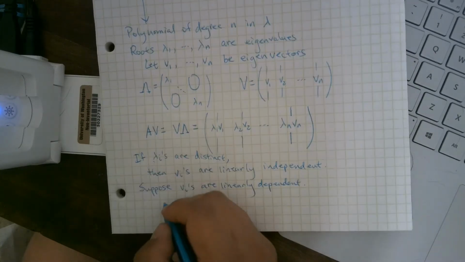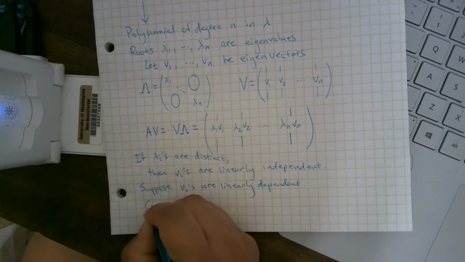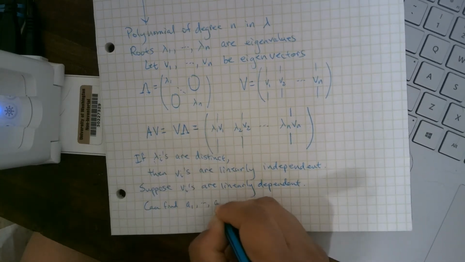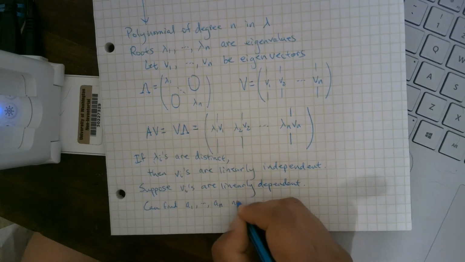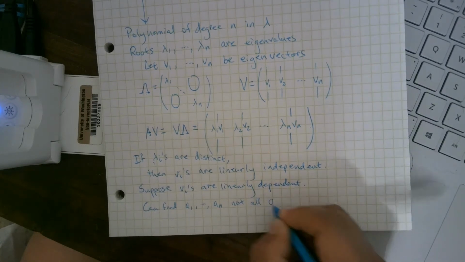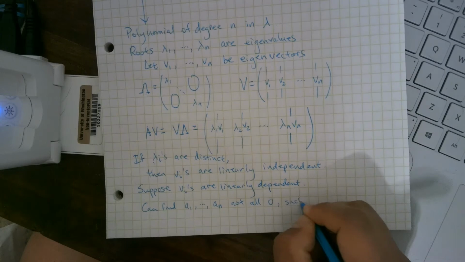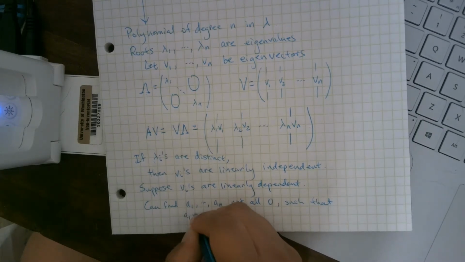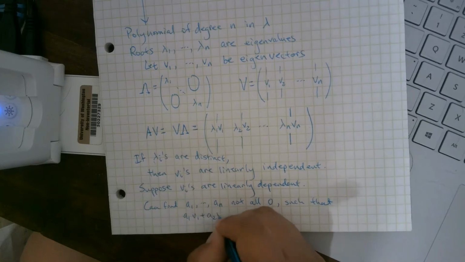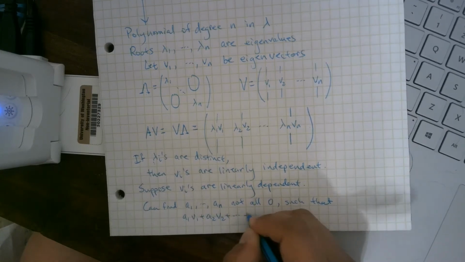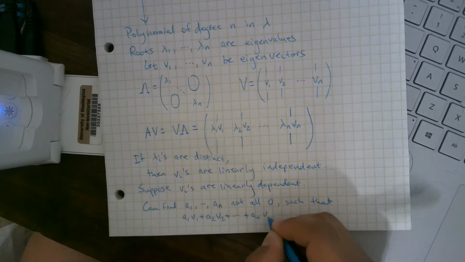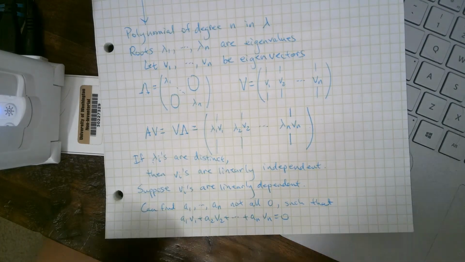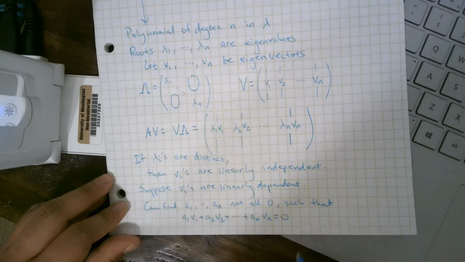That means we can find a1 through an, not all 0, such that a1 v1 plus a2 v2 all the way up to an vn is 0. That's what it means to be linearly dependent. We can make a linear combination that adds to 0.